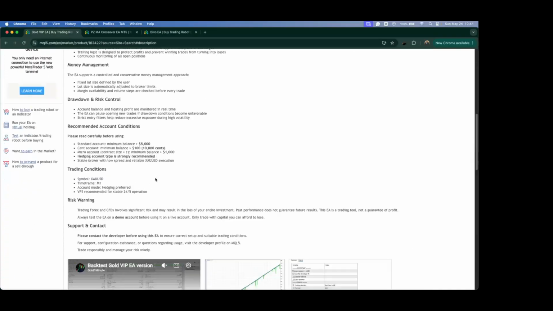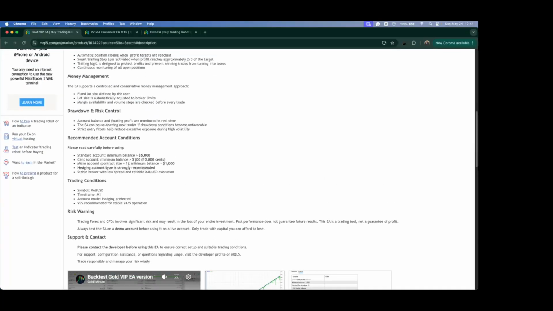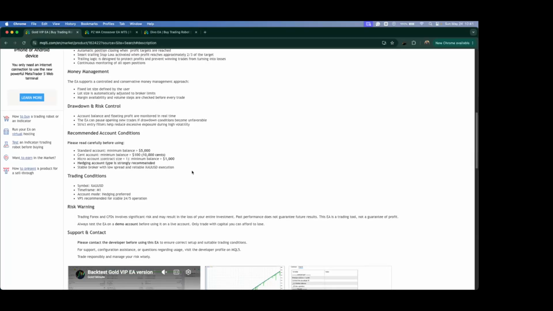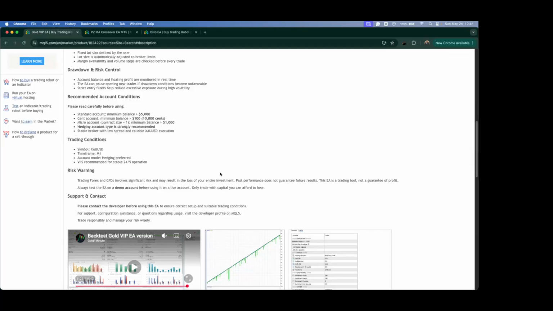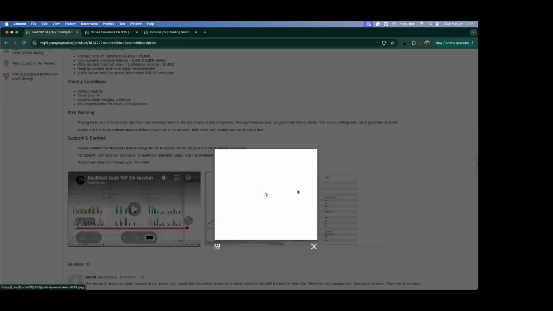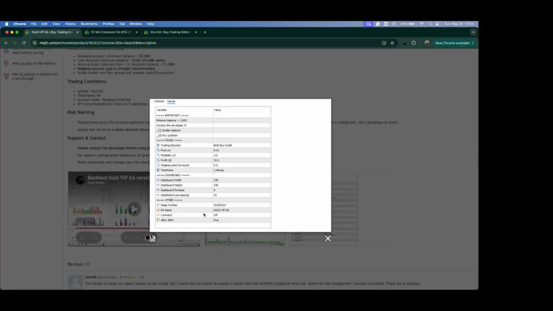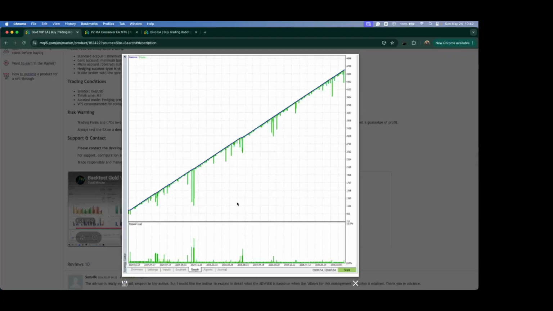There's also the magic number. There are alerts. You can also customize the dashboard size, all of this, they're all there. It all sounds professional and focused, exactly what you would expect from a gold specialist expert advisor. This is exactly what you can edit on their settings, on the inputs, and all of these are customizable.